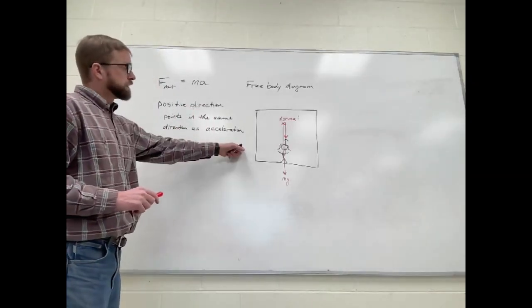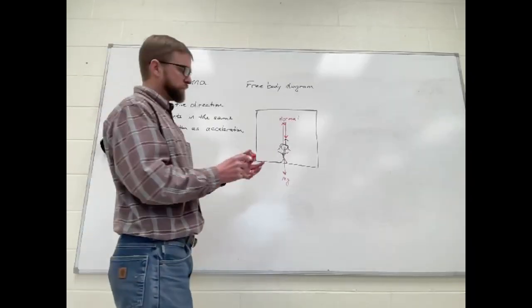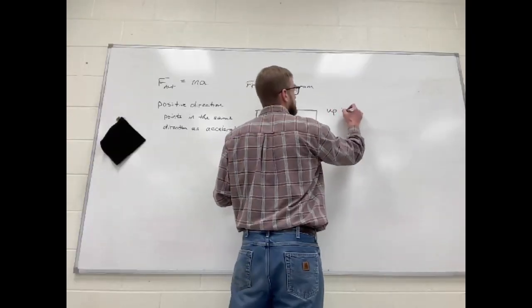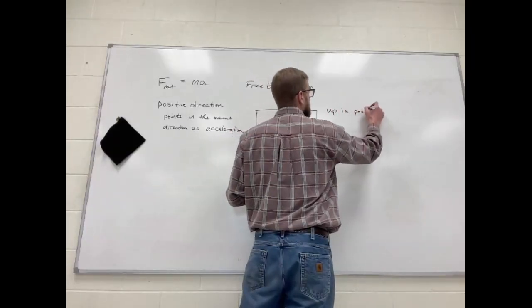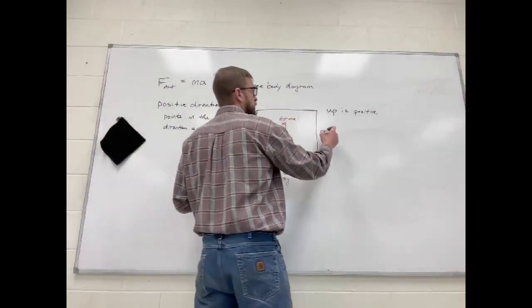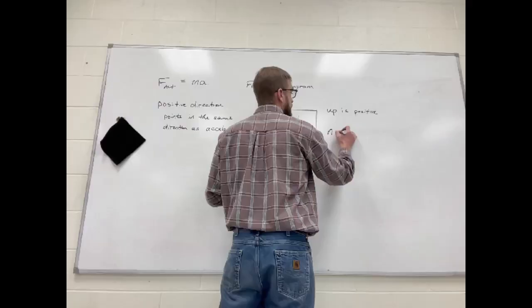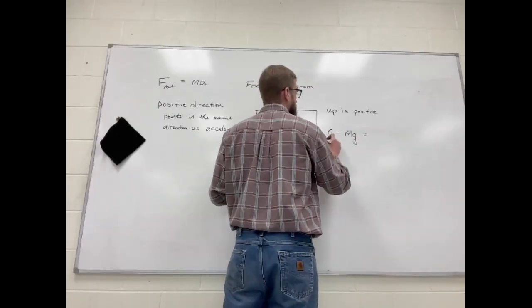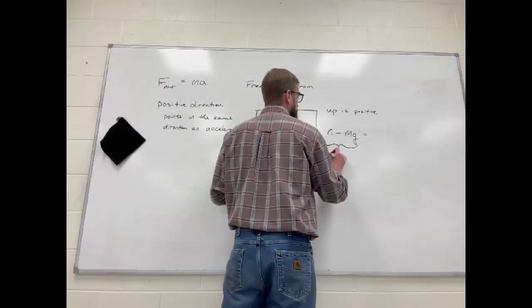Let's go back here. So this woman, up is the positive direction. Since up is positive, I'm going to take the normal force and subtract gravity. This is the net force.